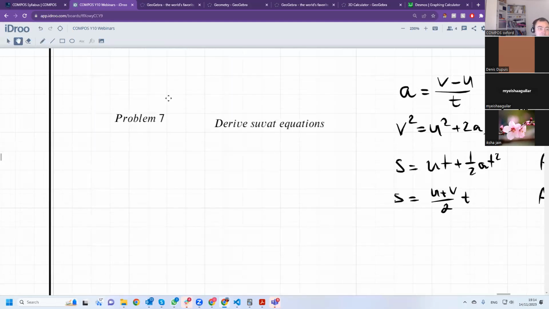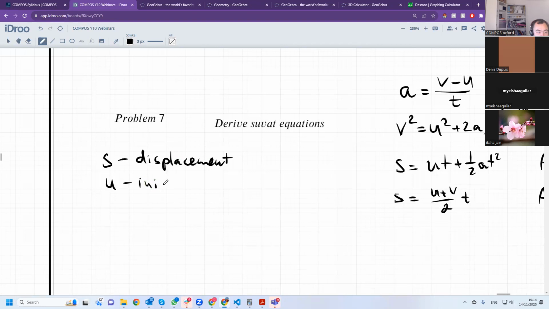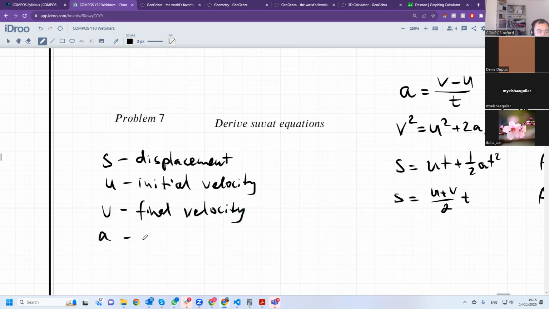What are Suvat? s is displacement. u is the initial velocity. v is final velocity. a is acceleration.